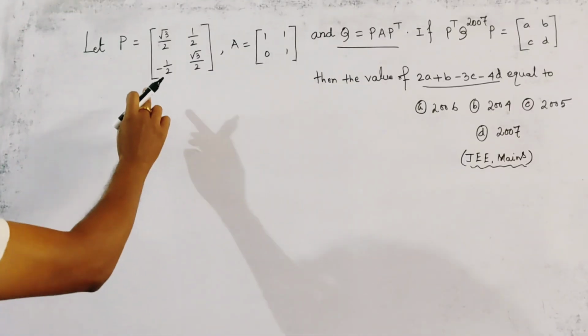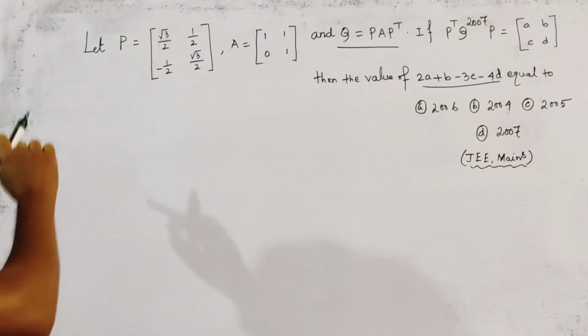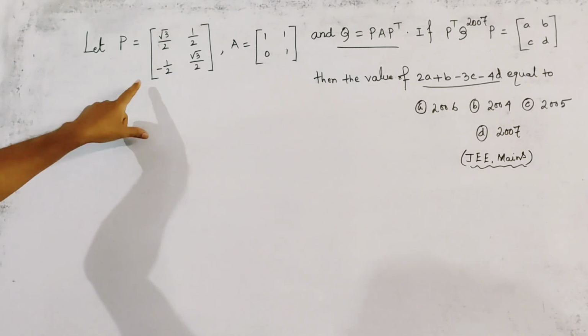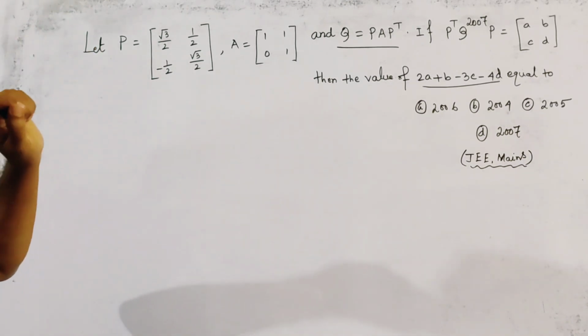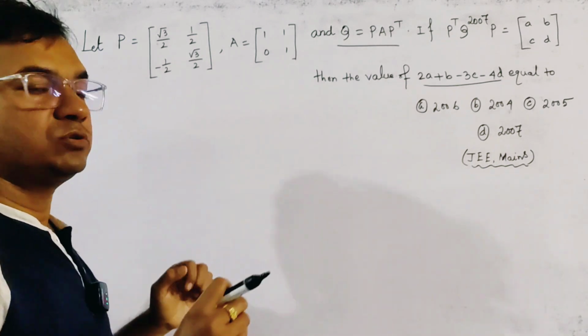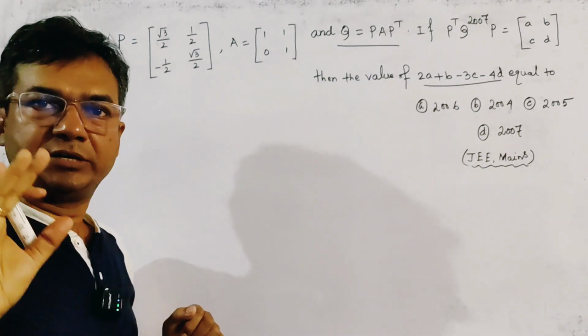If we carefully analyze the matrix P, it is clear that P is nothing but an orthogonal matrix. So we first know about orthogonal matrices.